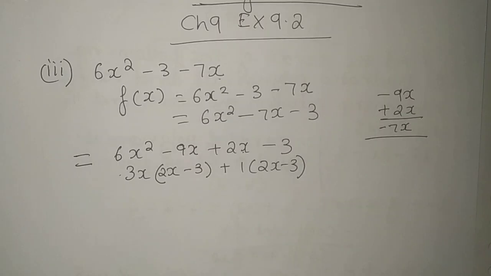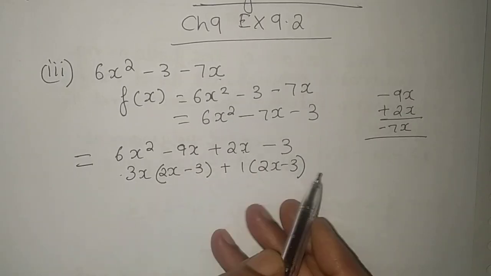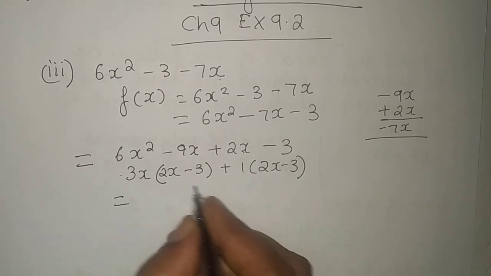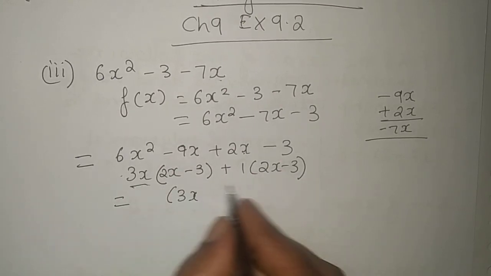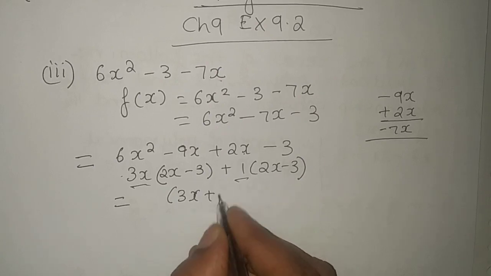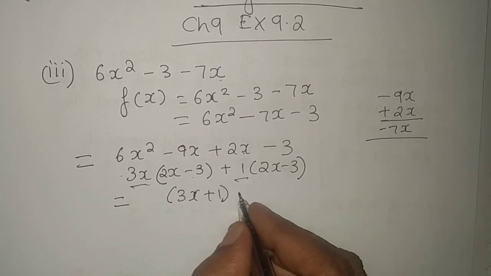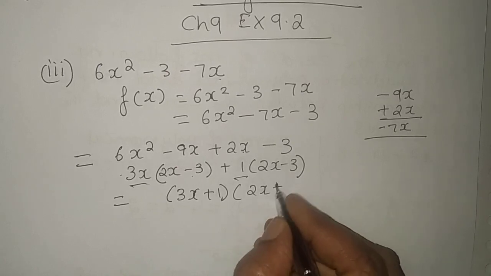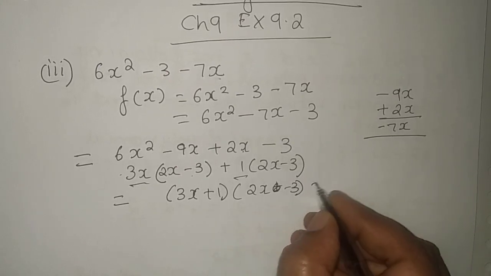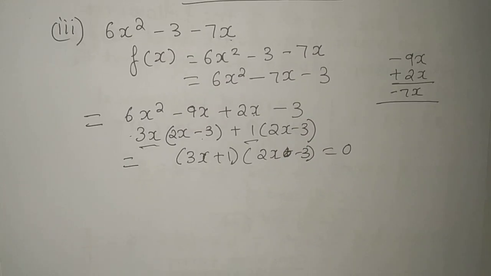Take the common things, expanding the above equation, then take the common factor. Now write down the expression: 3x plus 1, then the common thing 2x minus 3, which is equated to 0.